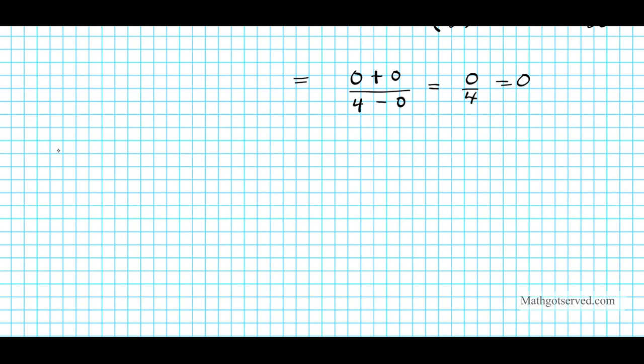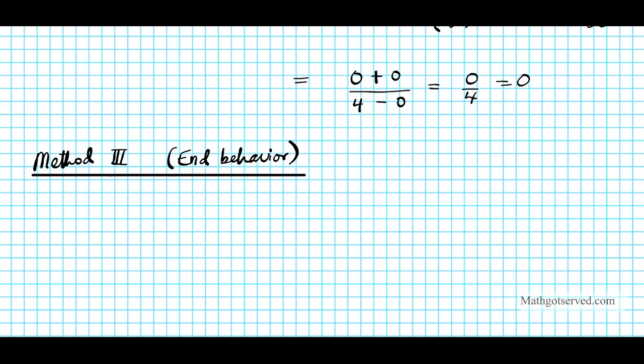So for method 3, we're looking at the end behavior. Okay, method 3 is using the end behavior model. So for that one, we're just going to focus on the terms with the biggest degrees in the numerator and the denominator and evaluate that limit. Okay, so let's rewrite the problem.